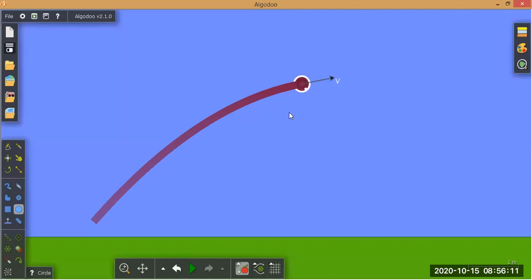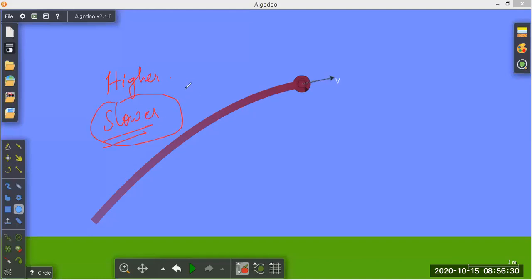Okay, why did that happen? I think all of you have this natural idea that as anything goes higher, it would become slower, correct? When it becomes slow, it means its speed is less, and speed is less means magnitude of velocity is less, right?